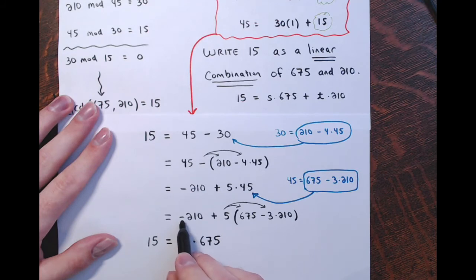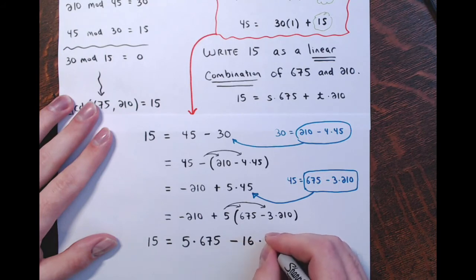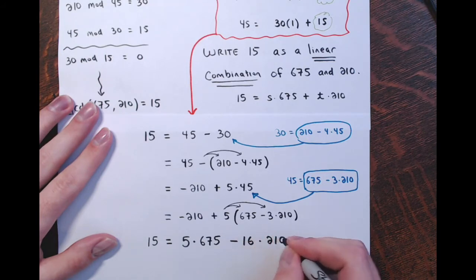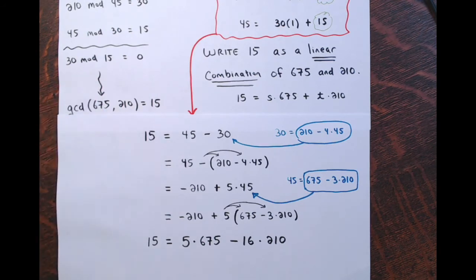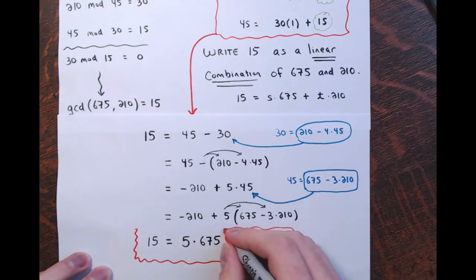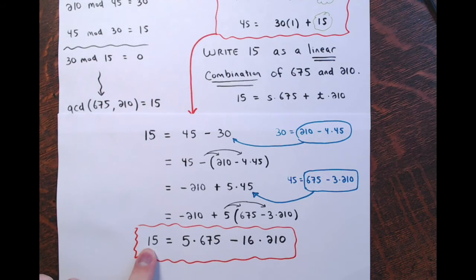So negative 1 times 210, plus negative 15 times 210 would be negative 16 times 210. And here you go. This is what's being asked for. Can you express the greatest common divisor of 675 and 210, which is 15, as a linear combination of those two numbers?